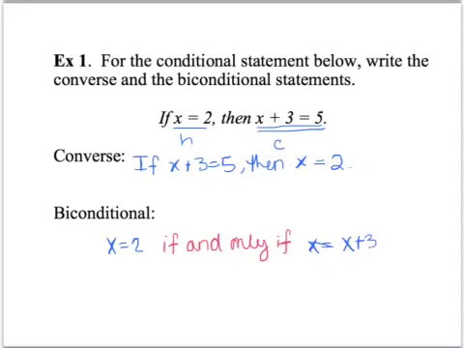So my biconditional statement is going to be x equals 2 if and only if x plus 3 equals 5. That is a statement that you can read forwards and backwards. If x plus 3 equals 5, then x must be 2. The backwards way is obviously the converse.